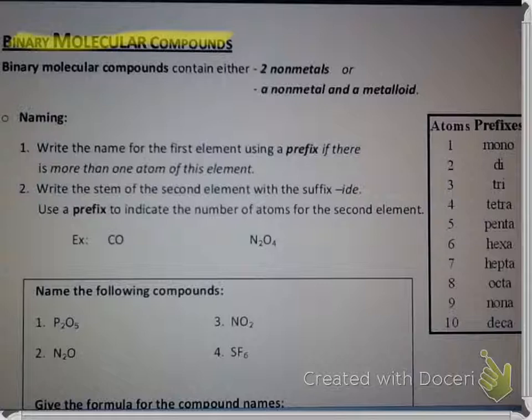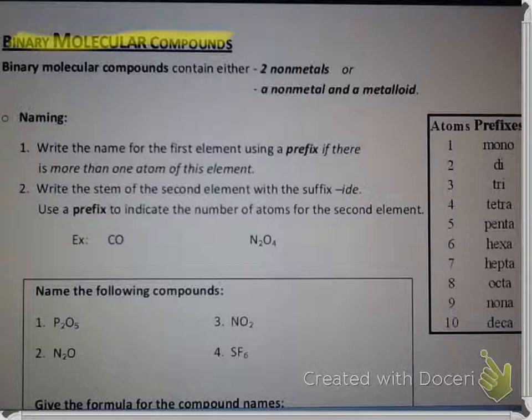So remember that we've got elements, and elements can form ions. We also have compounds. There are two types of compounds. There are ionic compounds, which we just looked at, and there are molecular compounds. Remember that molecules, if you look at a molecular formula, do not contain metals.